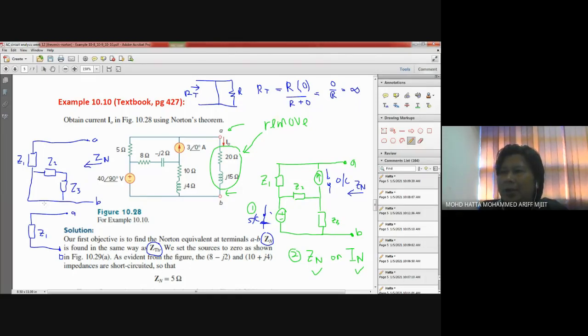So infinity means that we have a short circuit over here. Not infinity. It should be 0.